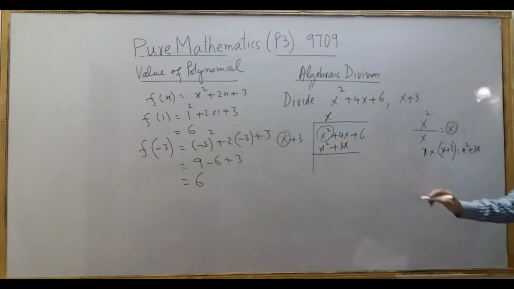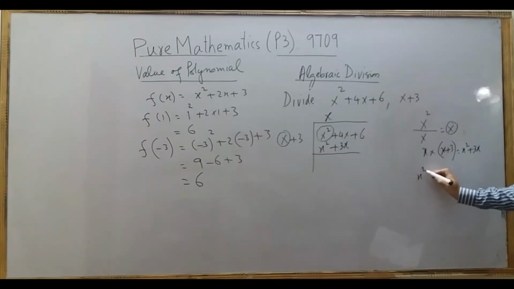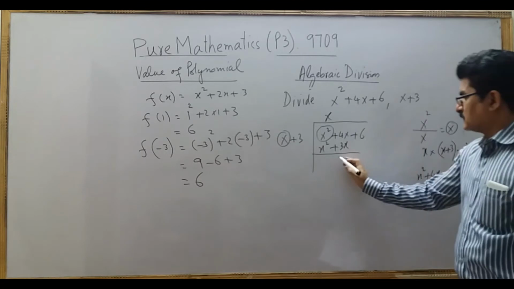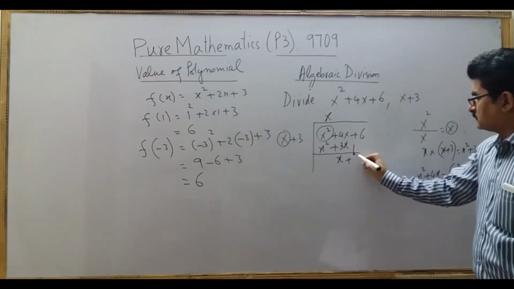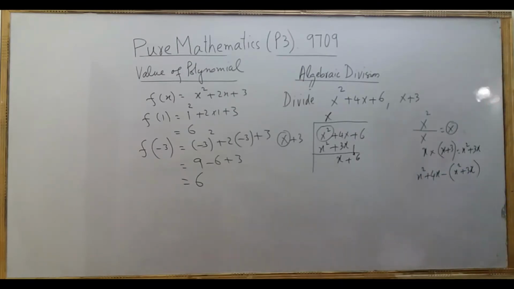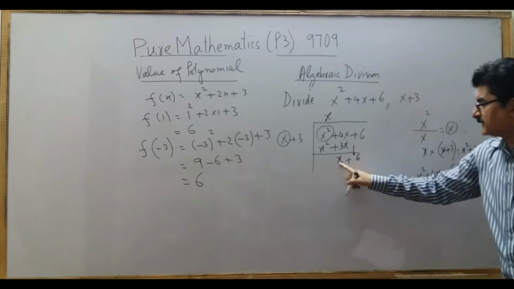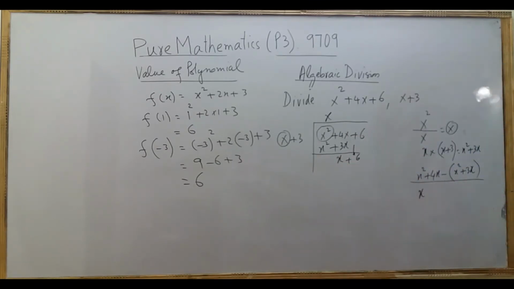Then you subtract from x square plus 4x this answer. What will you get? You will get only x. Now carry this down, plus 6. Repeat the process. Again consider the first term, which is x.